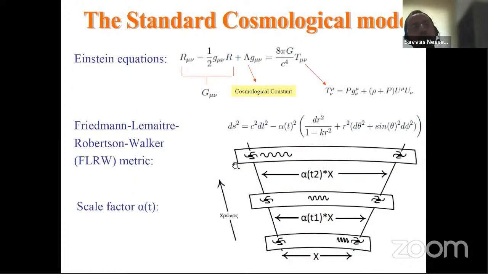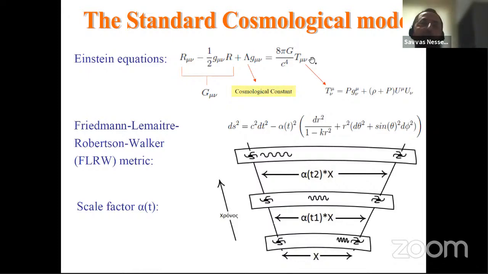Okay. So first, as I said, I will give a very brief introduction to the standard cosmological model. As we all know, the standard cosmological model is based on two pillars. First of all, the Einstein equations, which are expressed in terms of the energy-momentum tensor on the left-hand side. They also have the cosmological constant and the energy-momentum tensor on the right-hand side.